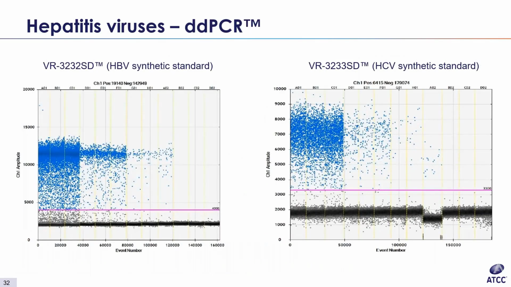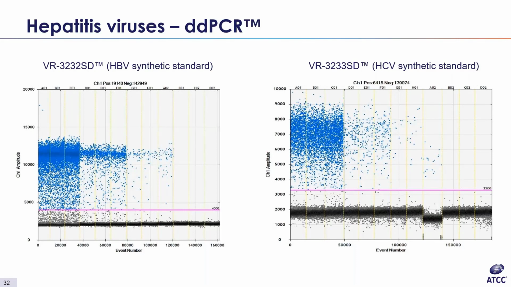For this project, we also ran ddPCR. This slide shows the one-dimensional amplitude scatter plots of positive and negative digital droplet PCR for 3 dilutions from 10⁴ to 10⁶ copies in triplicate for HBV on the left and HCV on the right. This assay used the same primers as the qPCR and qRT-PCR.